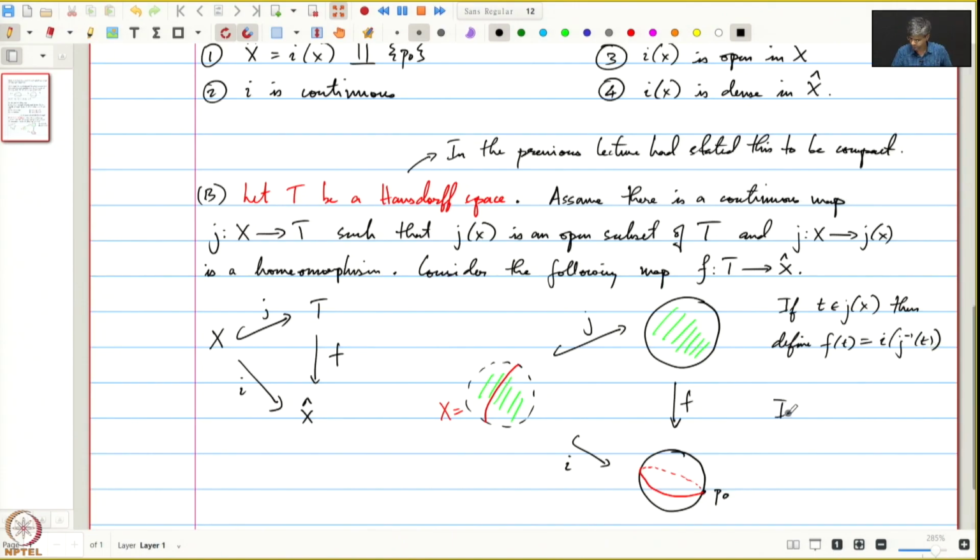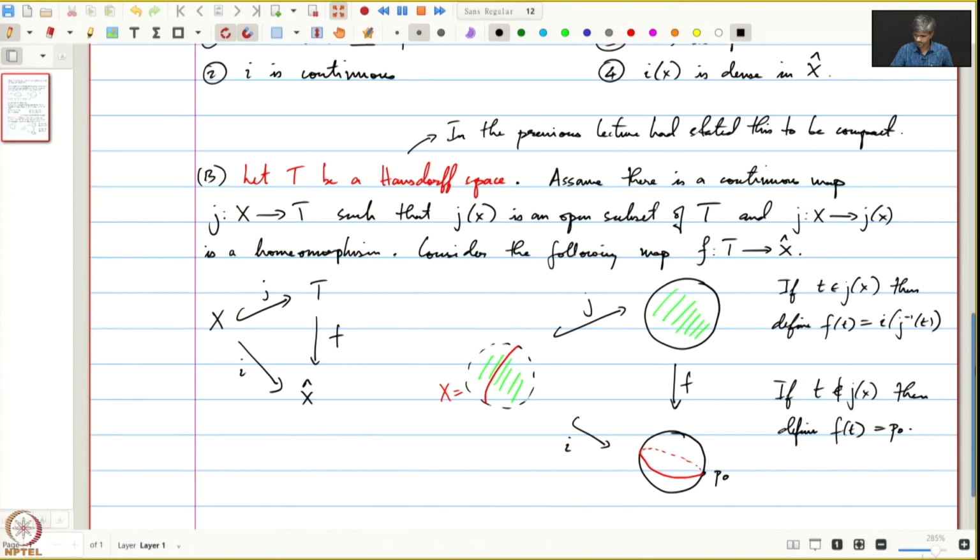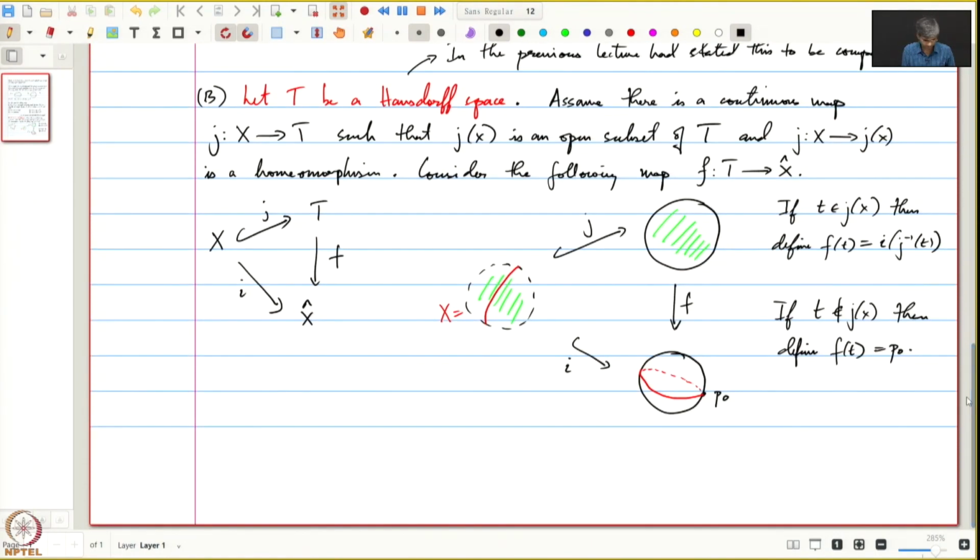And if T does not belong to J of X, then define F of T to be equal to P naught. And the assertion of our proposition was that F is continuous.